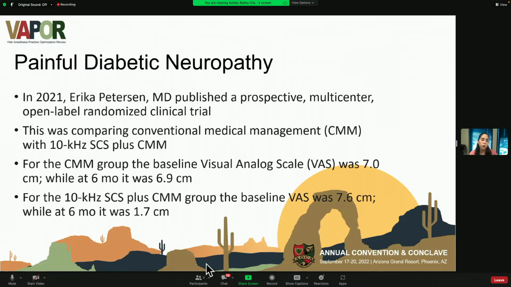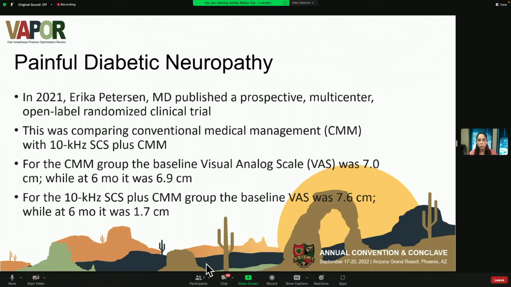So in 2021, Dr. Peterson published a prospective multi-center open-label randomized clinical trial looking at spinal cord stimulation and the use for painful diabetic neuropathy. This was a head-to-head trial doing conventional medical management, so our gabapentin, our Lyricas, controlled regular blood glucose, things like that, against high-frequency stimulation plus all of that.